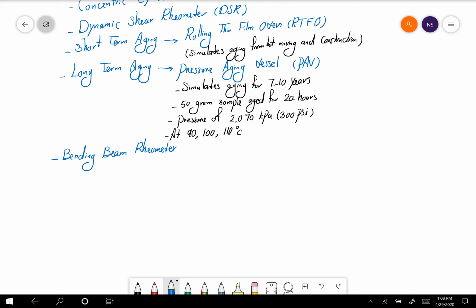The next test is the direct tension test. You basically have a sample and you apply tension to the sample and you see how much tension it takes to break the sample into two parts. That's by applying direct tension to the sample, right?